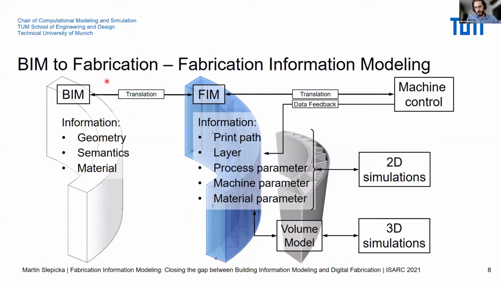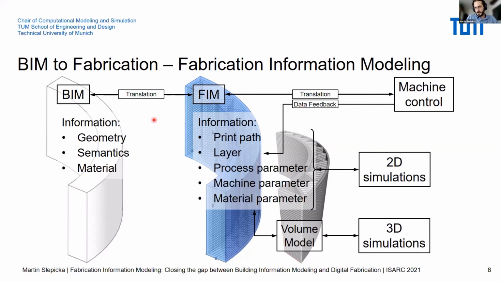Like, do we want to print a wall or a column or something like this? So this translation is problem specific, and also specific to what inner structures we have and stuff like that. But it is still unspecific to what kind of machine system we use. So the FIM data is still decoupled from the machine control.